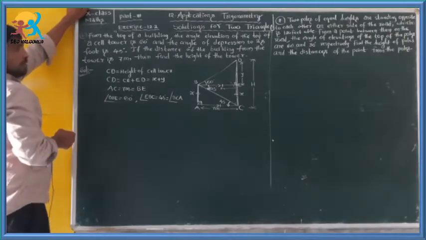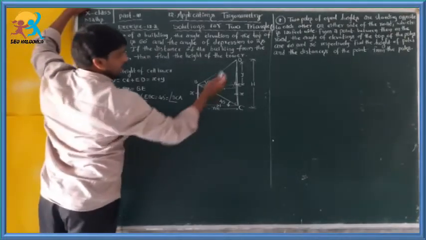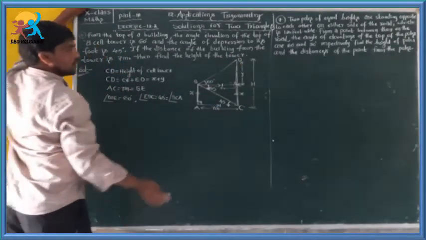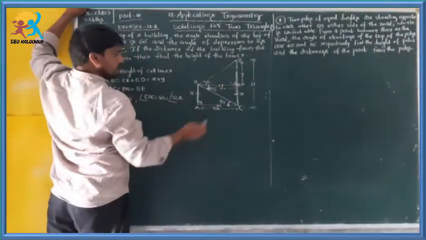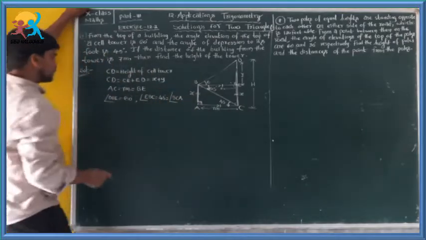Okay. Now, to find the height of CD, let us consider two triangles. One is BED, another one is BAC.